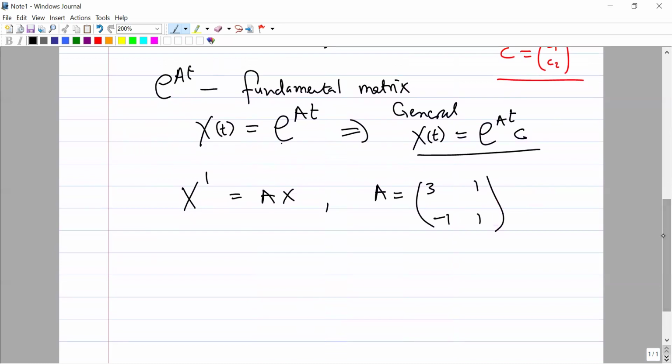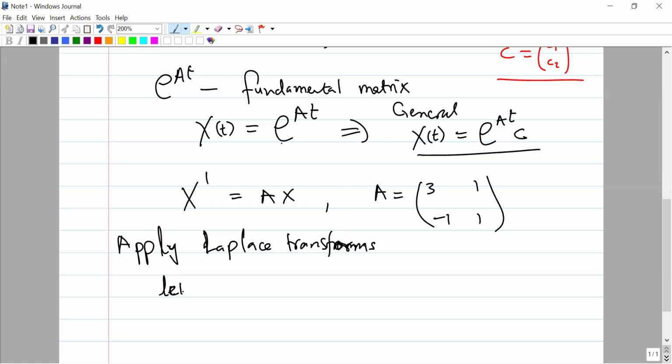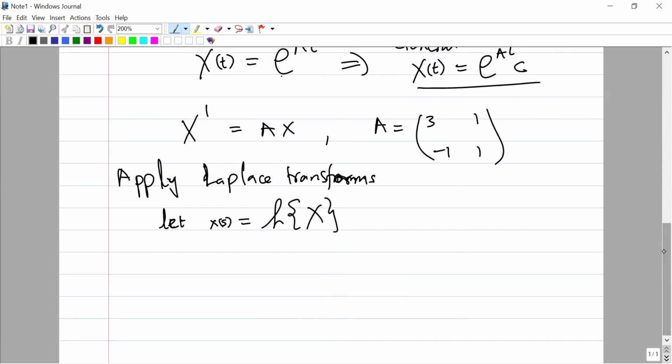All right, so now what we do is apply the Laplace transform on this system. So what we're going to do is let the small x of s be equal to the Laplace transform of the vector X, the capital letter X. So now we're applying the Laplace transform.